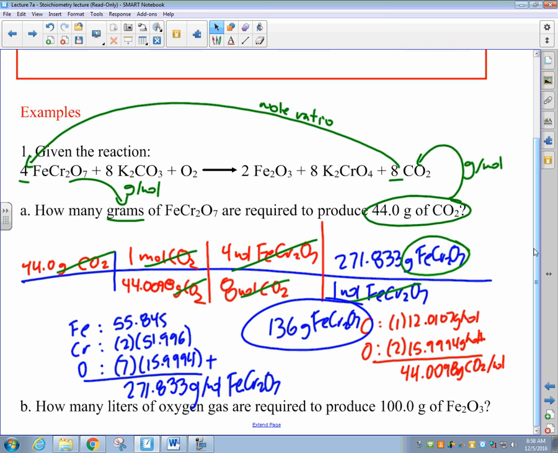Real quick sig figs question. Does the molar ratio count towards significant figures? Why not? Are there kind of 8 moles of CO2 per 4 moles of FeCr2O7, or they're exactly 8 moles of CO2 to 4 moles? It's an exact ratio, right?